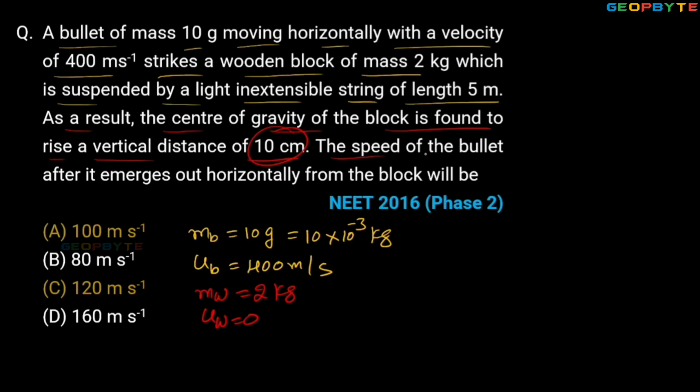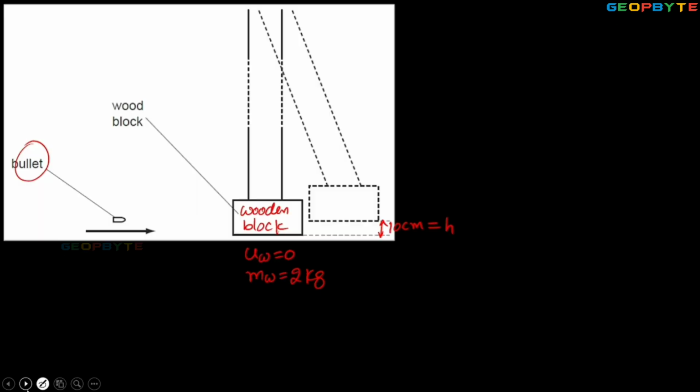Then the speed of the bullet after it emerges out horizontally from the block. That means with what velocity the bullet is coming out from the wooden block. That means final velocity of the bullet equal to how much? For that, let us connect the conservation of momentum principle.